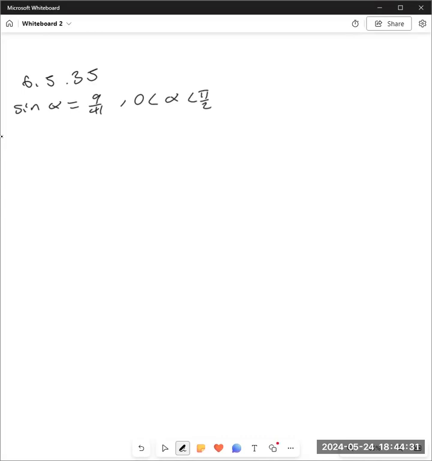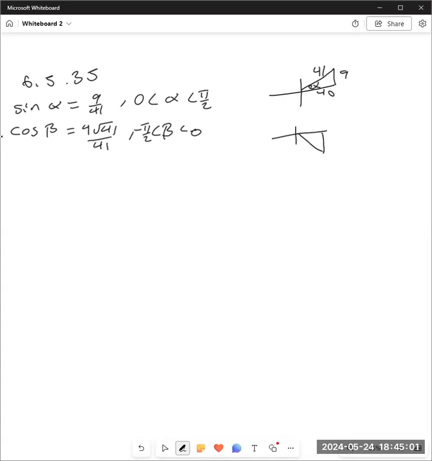We're told that cosine of beta is equal to 4√41/41, and that beta is between -pi/2 and 0, meaning that we're in quadrant 1 for alpha, and 9 and 41, you can figure out by the Pythagorean theorem that that side has to be 40.